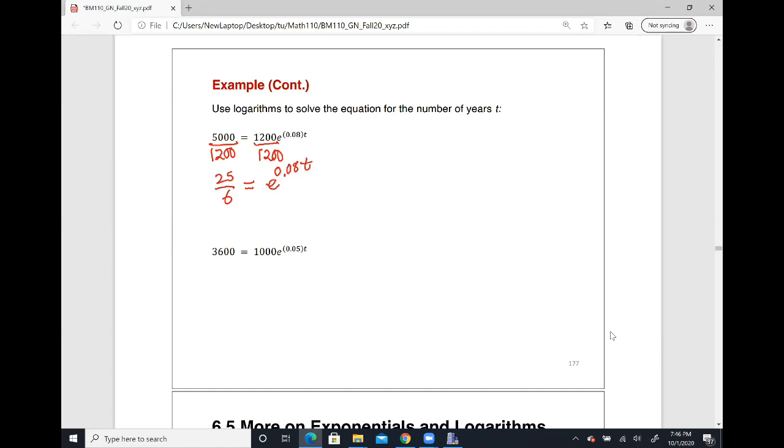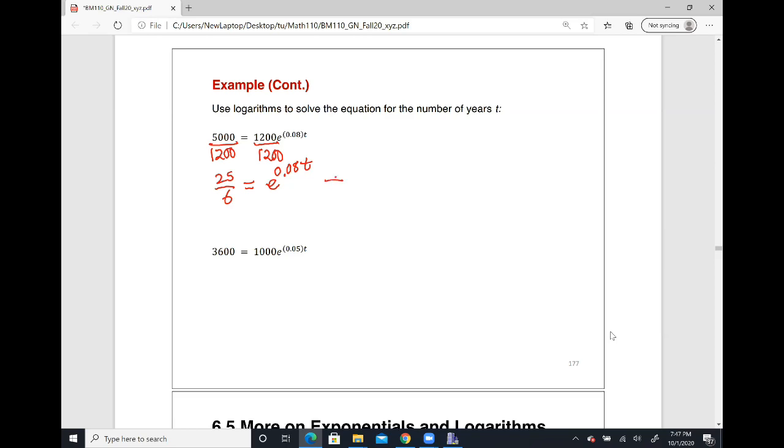All right. So now you have isolated the exponential term alone already. Now you can do it by two methods. One is you can convert it to log form, or the second way is you can use ln on both hand sides.